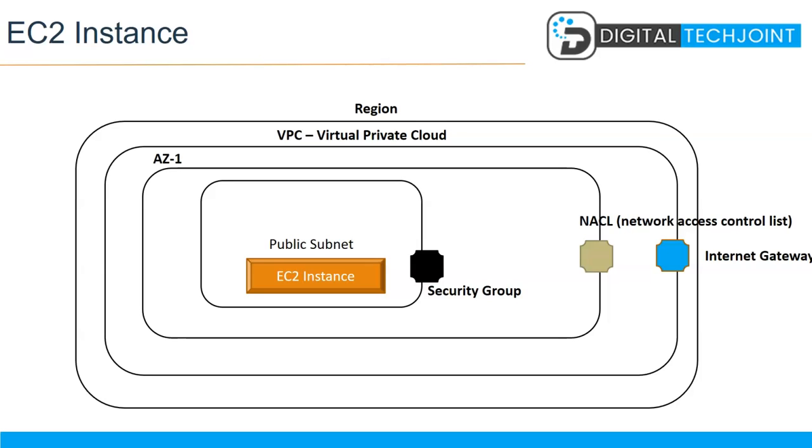Here, the outer layer is basically called the region. Now in AWS we have regions as well as availability zones. For example, in India we have two availability zones, one in Mumbai and, if I'm not mistaken, one in Bangalore.